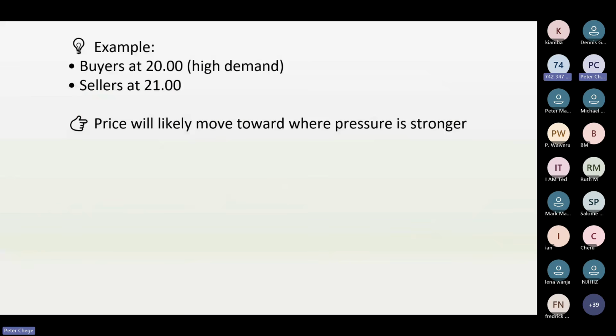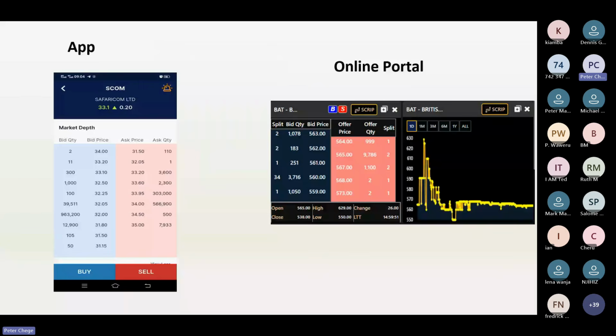Now, let's say you want to buy BAT and you put a price of 559, the current supply is at 564, meaning you have to wait for the prices 563, 562, 561, and 560 to be cleared, which may take a while because if you look at the quantities on each price, if you are to multiply all the way down, we have close to 2 million to be cleared in terms of money. If you look at the way BAT trades, in a day, it may do up to around 2 million, meaning you have to wait until all those prices are cleared.